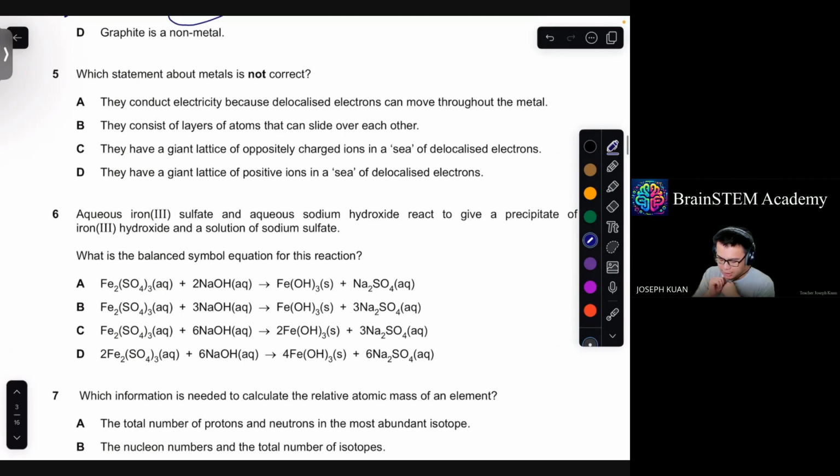5. Which statement about metals is not correct? So A, they conduct electricity because delocalized electrons can move throughout the metal.